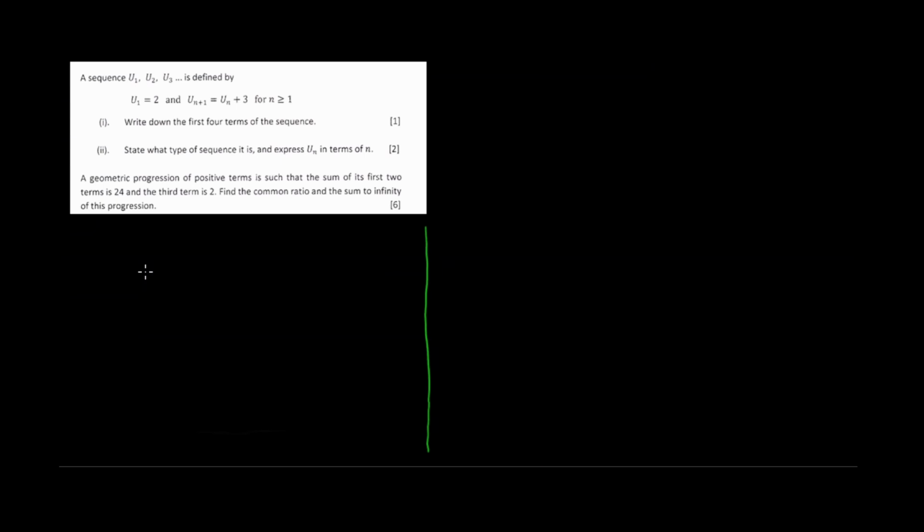Find the common ratio and the sum to infinity of this progression. A geometric progression of positive terms. So we have a geometric progression, and it's important that it is of positive terms, such that the sum of its first 2 terms is 24.